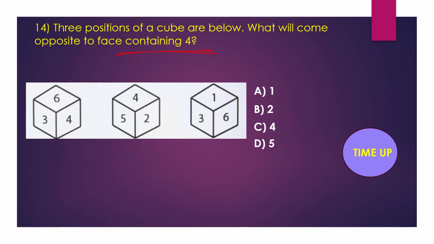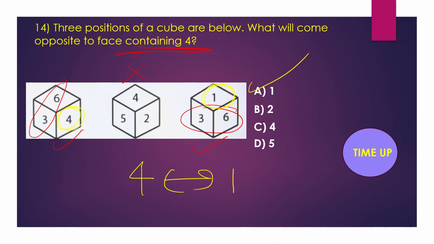If you take the first and third cube, ignore the second one, what is common here? 6 and 3 is common, correct? So what figures are left? 4 is left and 1 is left. So 4 का opposite क्या हो गया? 1. So 1 is the answer.